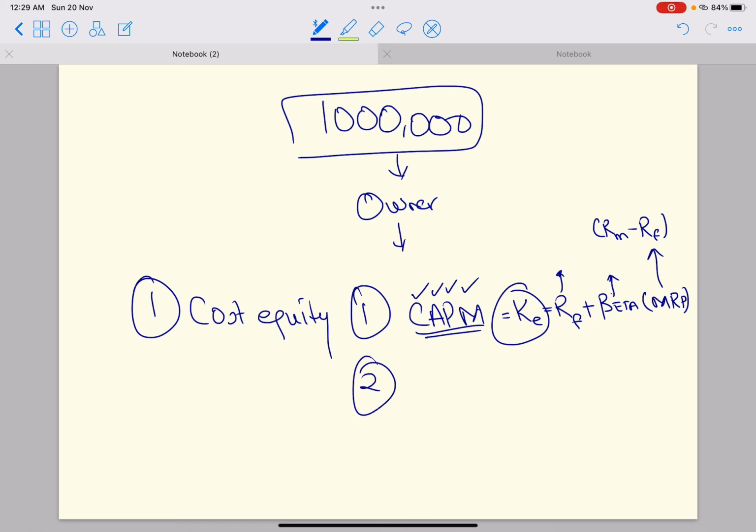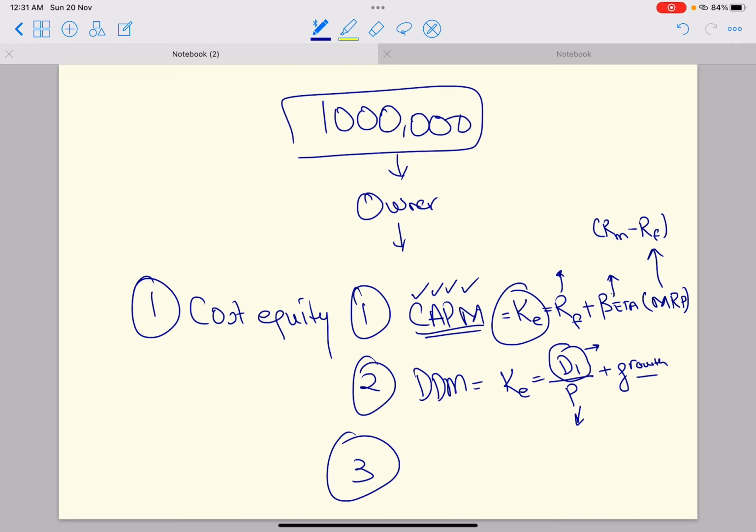Another way to find this is through dividend discount model. For dividend discount model, the cost of equity is D1 divided by P0 plus G, whereas D1 stands for expected dividend for the next year, P0 stands for price of the asset right now. For our case, since we are measuring equity, this is price of the share. And G represents the growth.